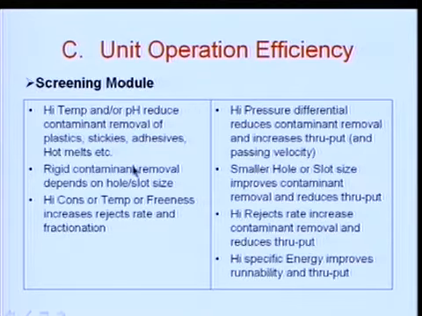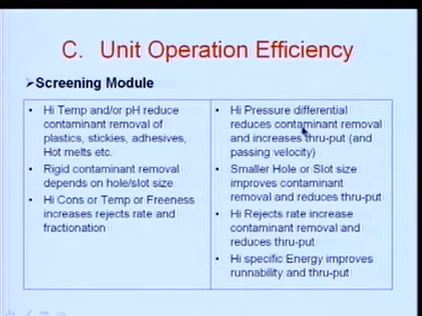Next, screening module. Again, you've already looked at these things. Again, stock conditions, operating conditions. High temperature and or pH reduce contaminant removal of plastics, stickies, adhesives, hot melts, because these kinds of contamination become pliable and tend to go through the screens. Correspondingly, high pressure differential reduces contaminant removal and increases throughput.